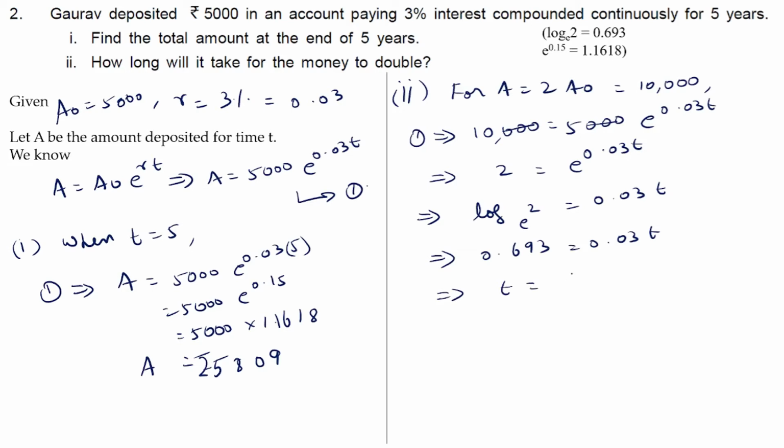Or t is equal to 0.693 upon 0.03, which is 23.1. Therefore, t is equal to 23.1 years. The time in which rupees 5,000 will double is 23.1 years when the rate of interest is 3%.